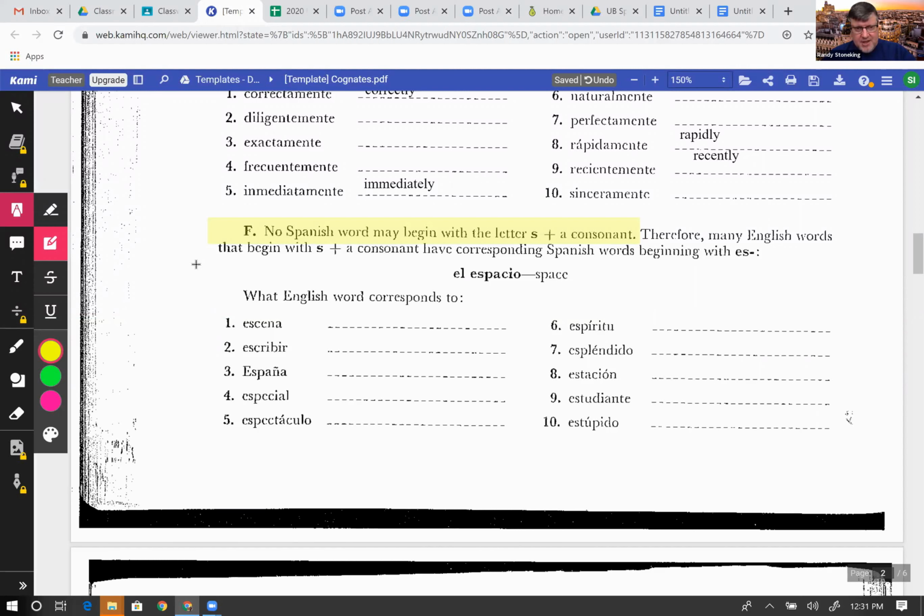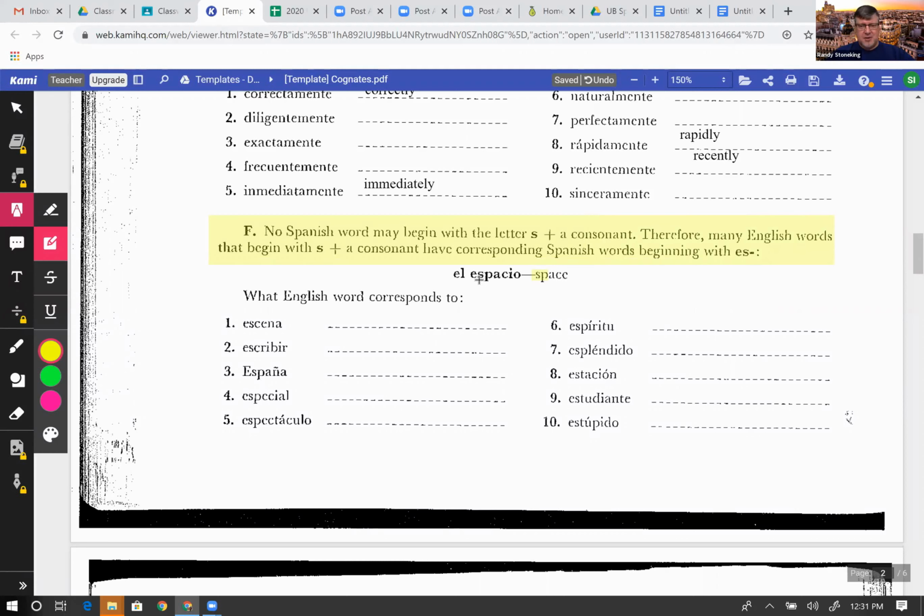And what this says is Spanish words are not going to begin with the letter S followed by a consonant. Therefore, many English words that begin with an S and a consonant have a corresponding Spanish word that begins with ES. Essentially, what you guys need to know about this pattern is if there's a word in English that is S plus a consonant, like the word space, Spanish speakers have a tendency to add an extra E sound in front of it.